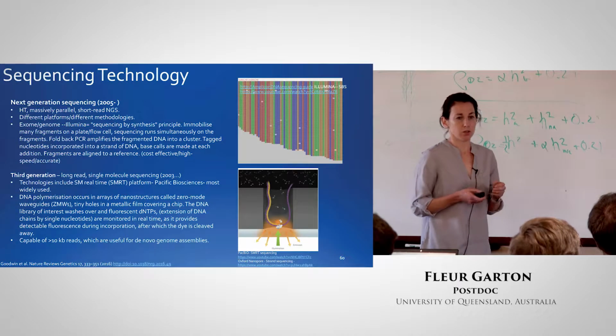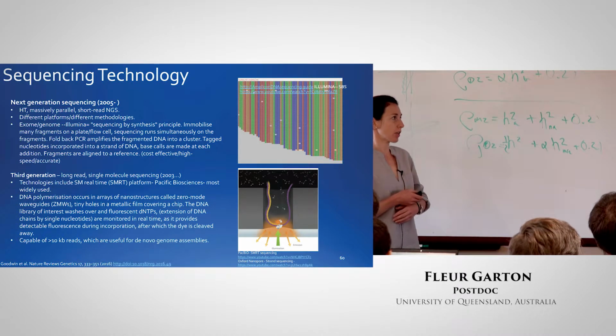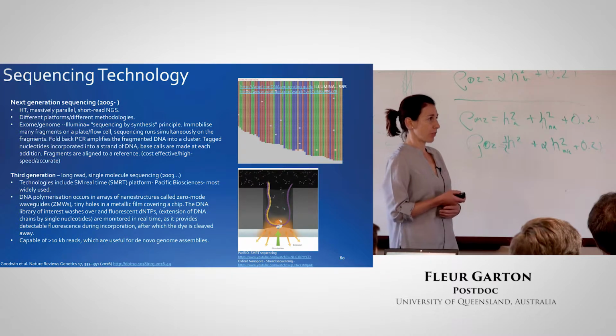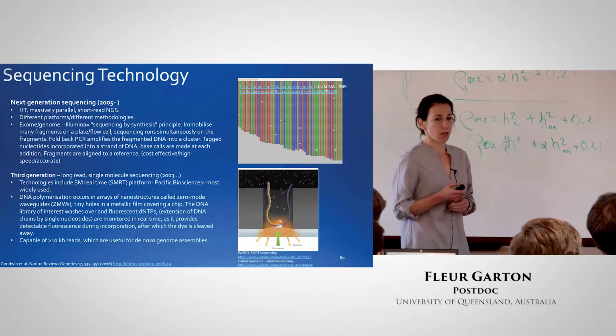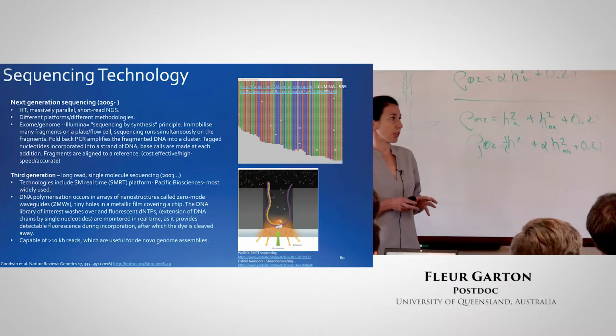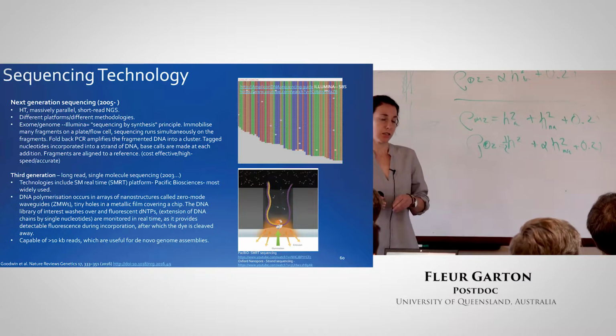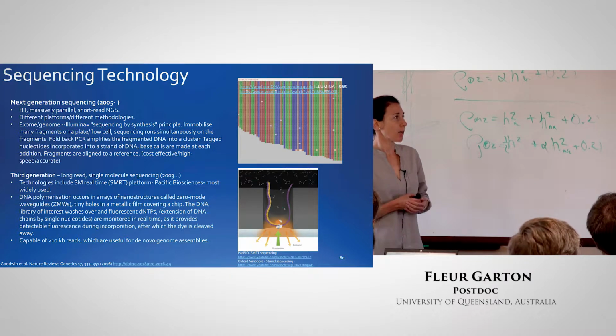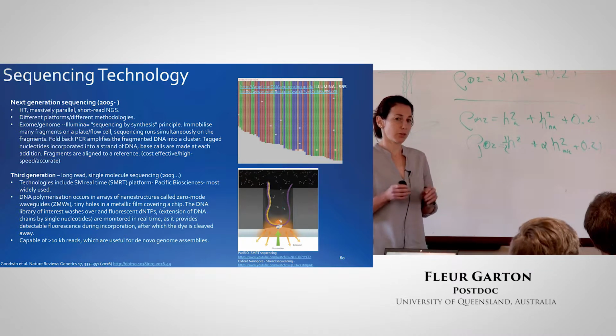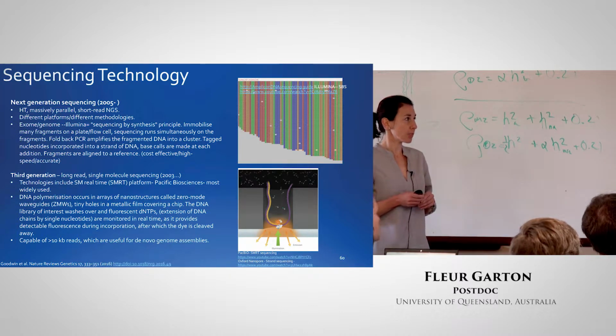So second generation or next generation sequencing was developed around 2005. So this is high throughput, massively parallel, short read, next generation sequencing. From my research, there are quite a few different platforms and different methodologies.